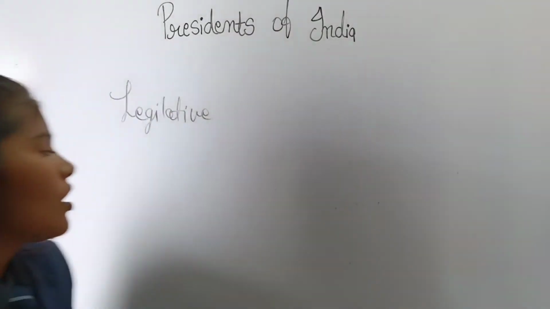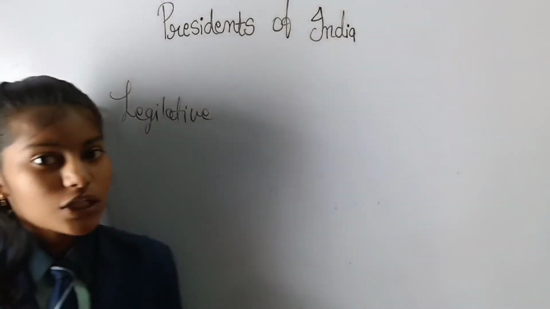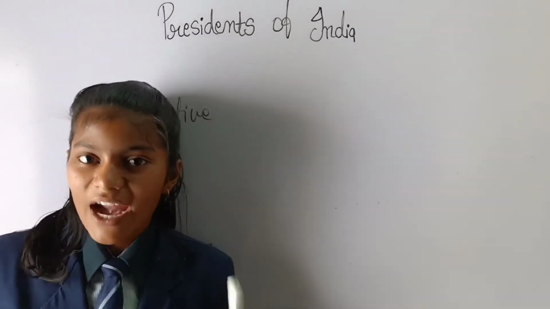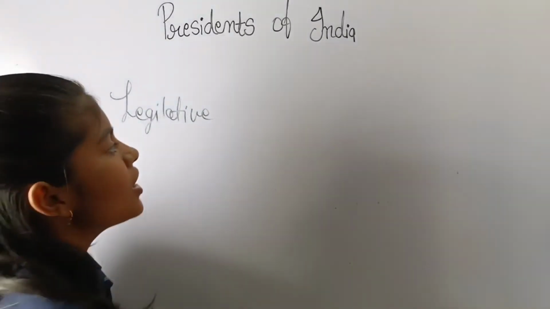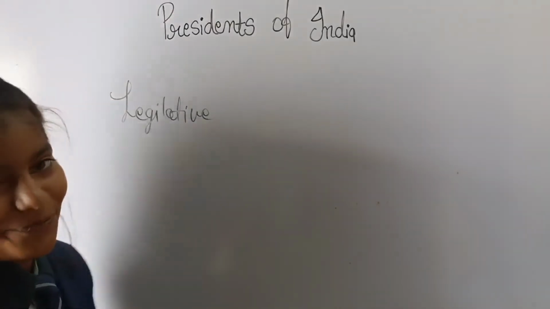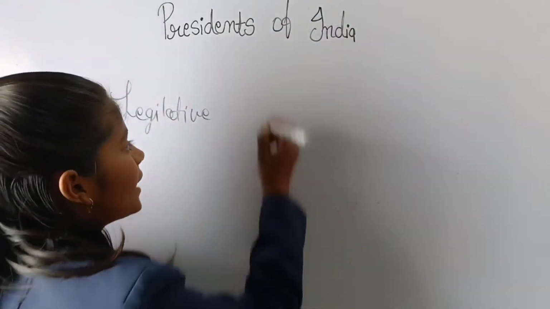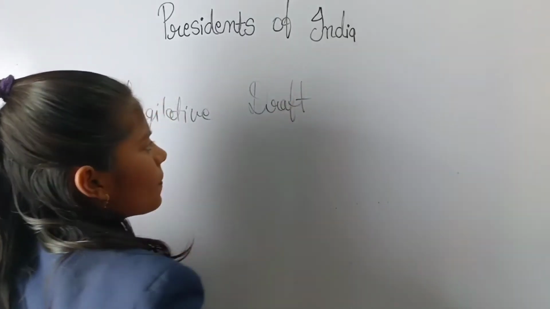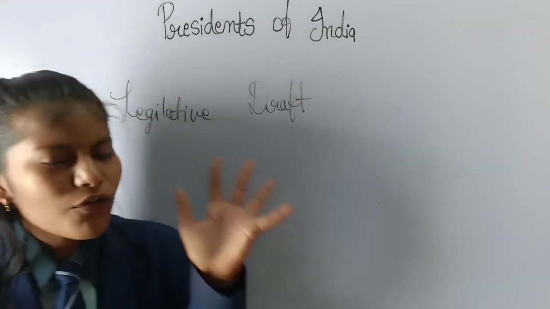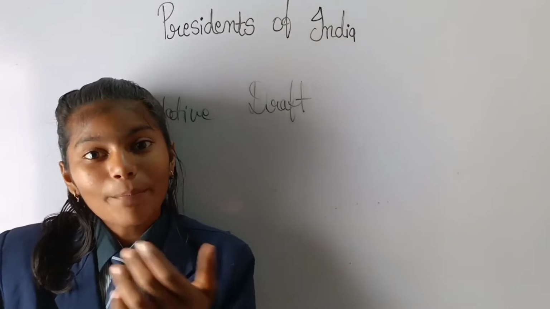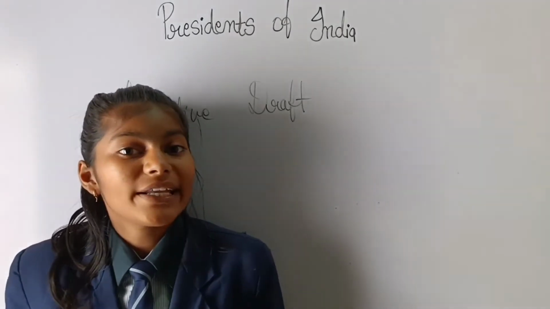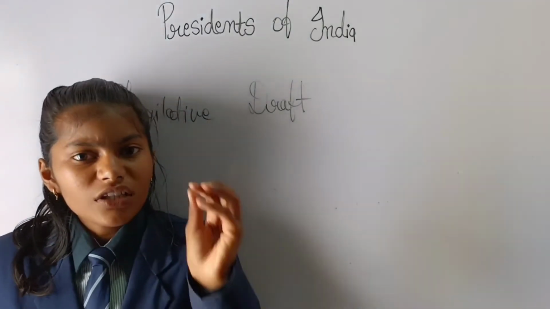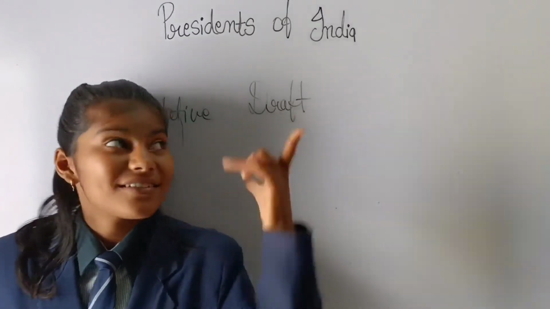Okay, so now let's talk about acts, laws, rules, regulations, and ordinances. What are these? Firstly, the draft comes. If the parliament wants to formulate any law, that thing is first known as a draft.